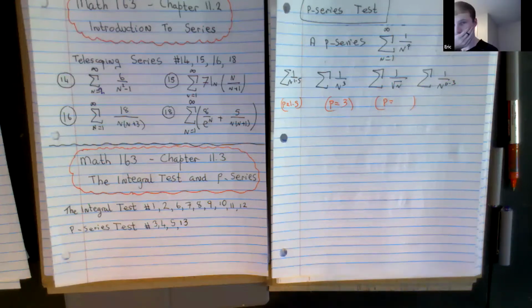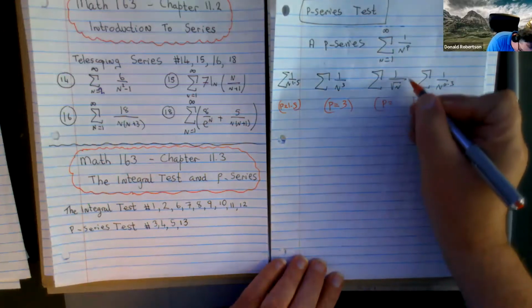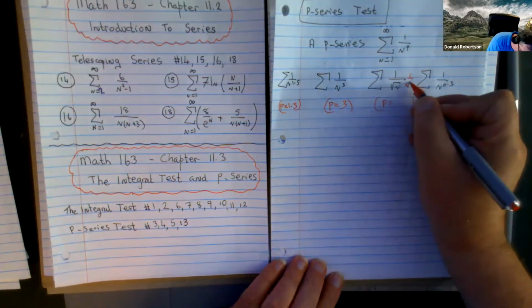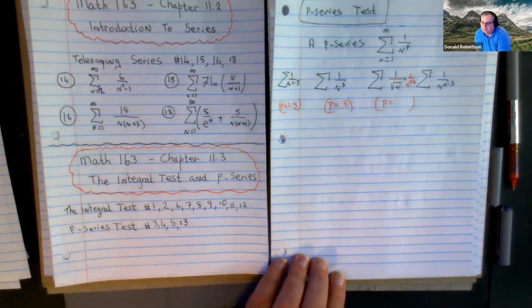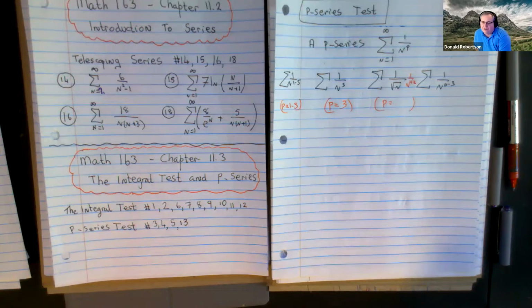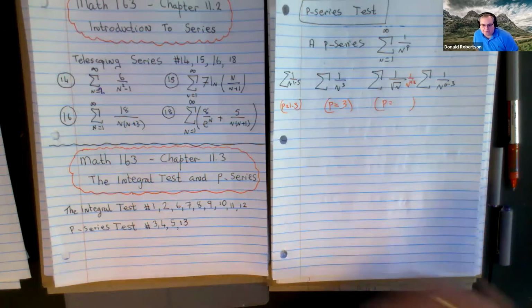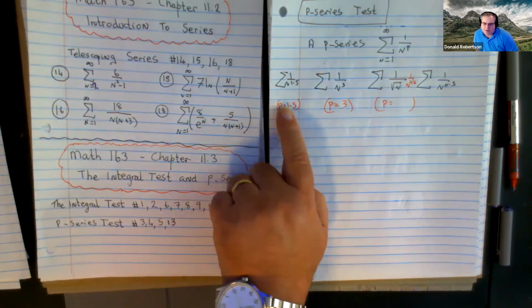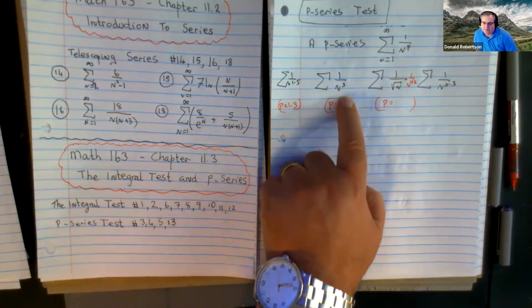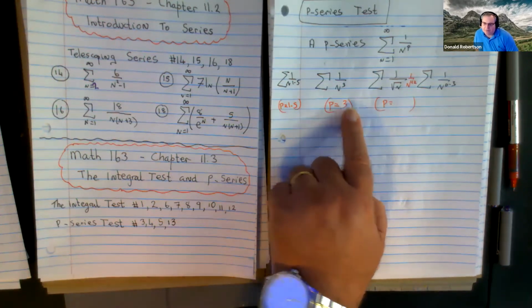1.5. Right. So this guy is essentially that guy, right? So what p-series is 1 over the square root of n then? He's 1.5. He's a p-series 3.